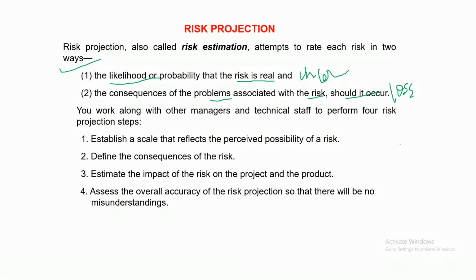So risk estimation basically tries to rate each risk on 2 factors: uncertainty, the probability, which is quantifiable, and the problems associated, the loss, again quantifiable. If it is schedule risk, then how much delay are you expecting? If it is cost related risk, then how much budget overshoot are you estimating? These kinds of quantifiable things need to be noted down.